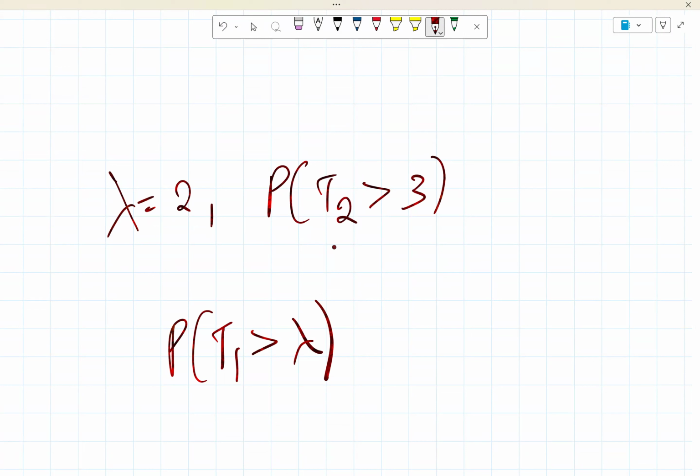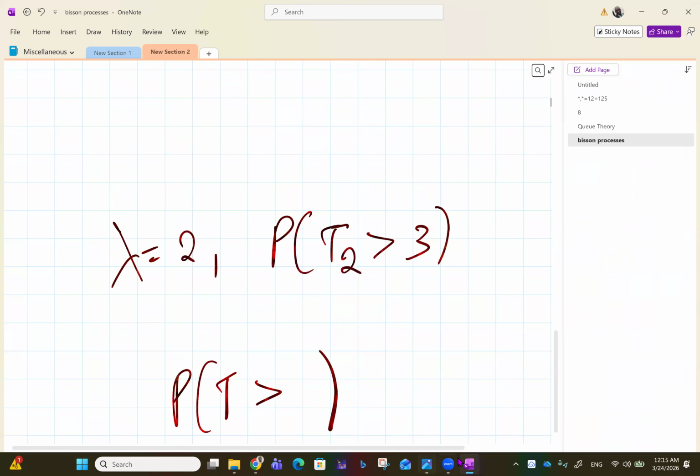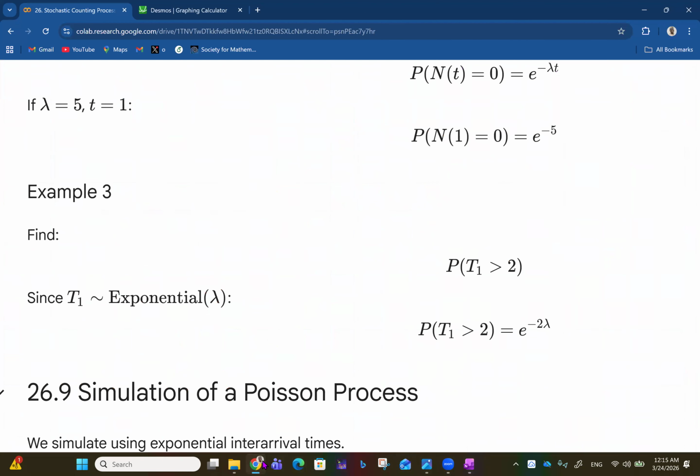So the probability T2 greater than 3, right? Let me check something because I want to be sure. Since T1 is exponential, the probability T1 greater than 2 is e raised to minus 2 lambda.